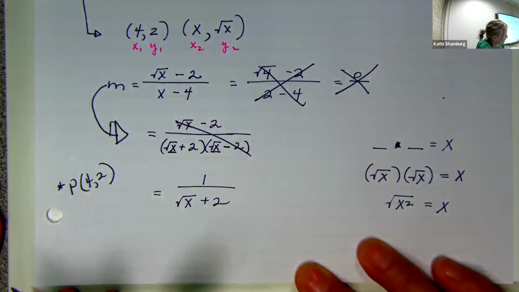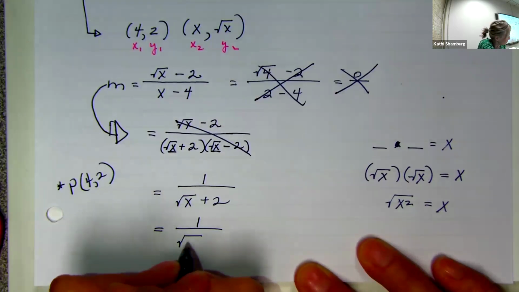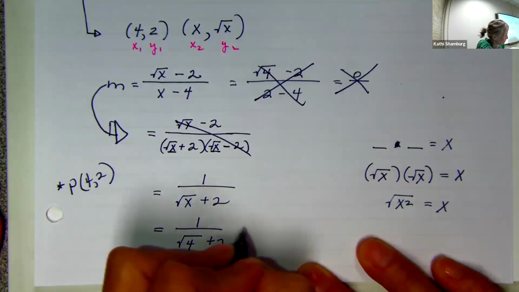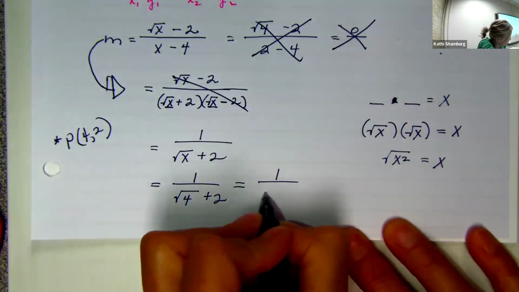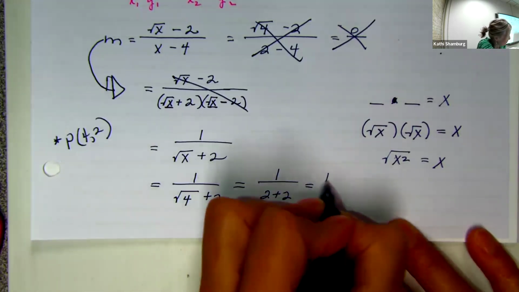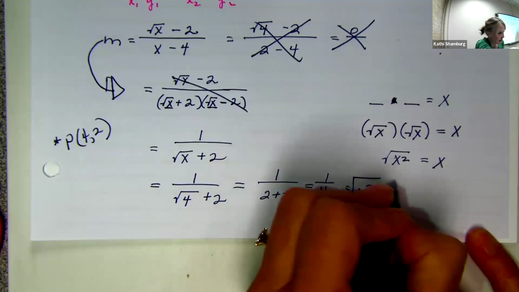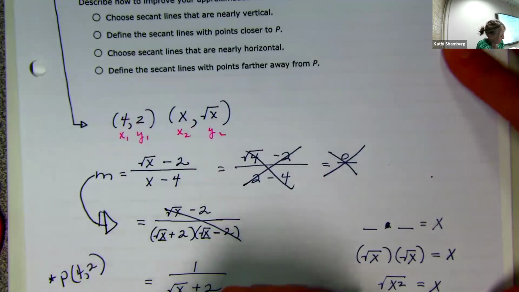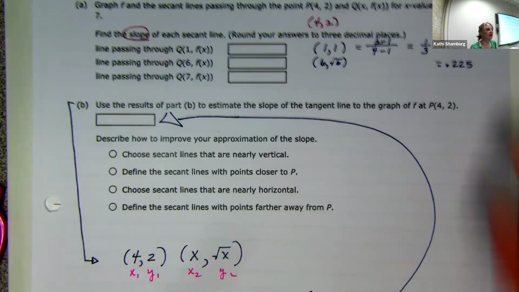So now when I plug in 4, will I get 0 in the numerator? I'm going to get 1 over 2 plus 2, which is 1/4, which is 0.25, which is your answer there.